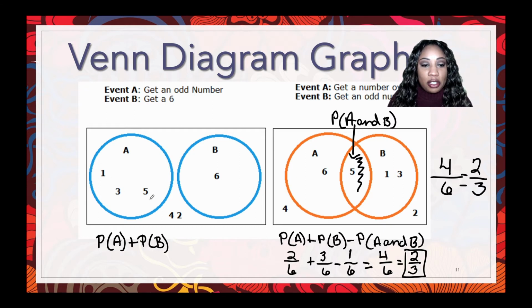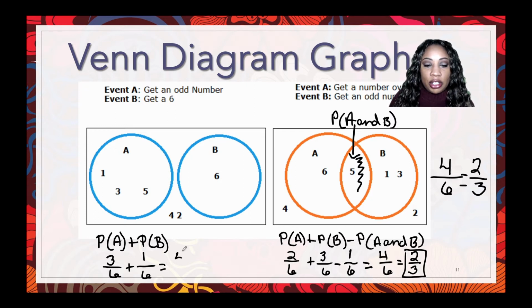So our probability of A, that we can get an odd number, is going to be 3 out of 6. And the probability of B, that we're going to get a 6, is 1 out of 6. So we're going to have 4 over 6. And again, that's going to be 2/3.